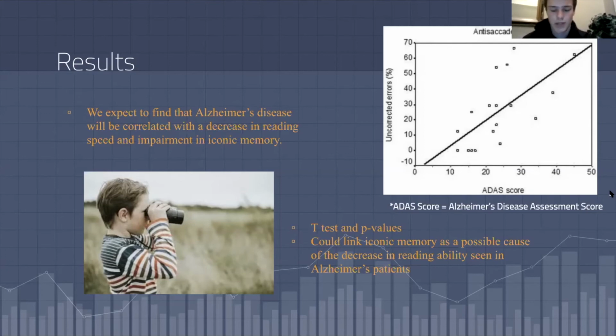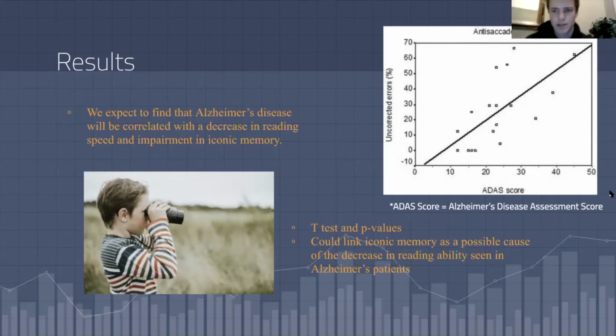So if we do get these results, then we'll have found a possible link between Alzheimer's and deficits in iconic memory and reading ability. And this might be pretty important findings.